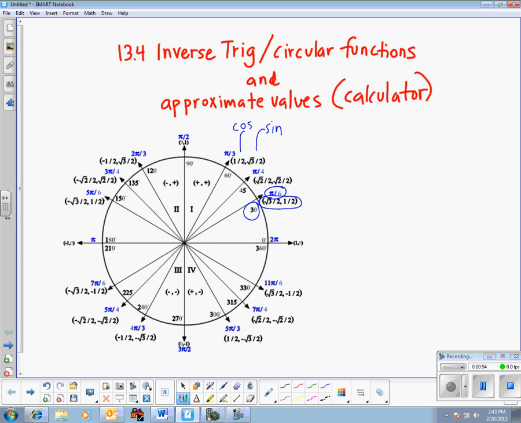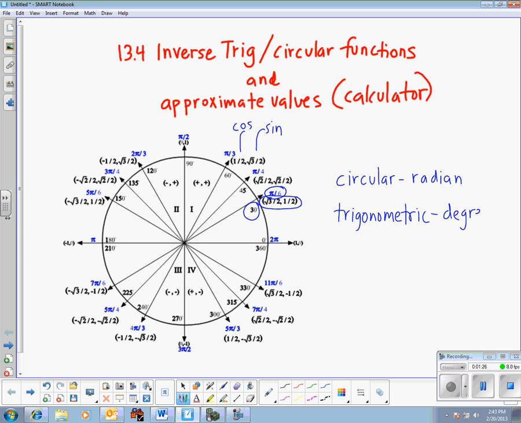Before we get too far into this, every point around the circle has two names, a degree name and a radian name. From here on out, in our textbook, if we're talking about circular versus trig or trigonometric, circular means we're in radians, and trigonometric means we are in degrees.